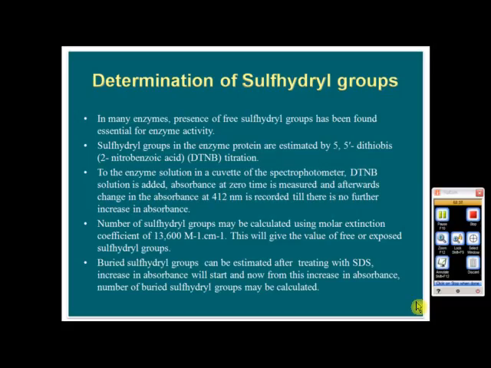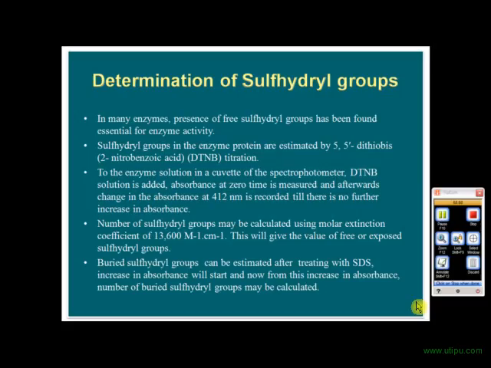And determination of sulfhydryl groups, the SH group. For that, we have some specific reagents.